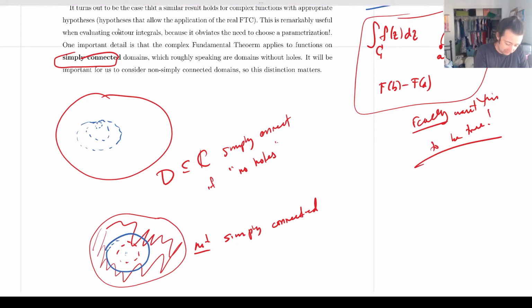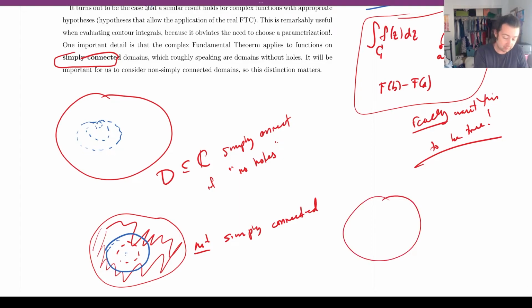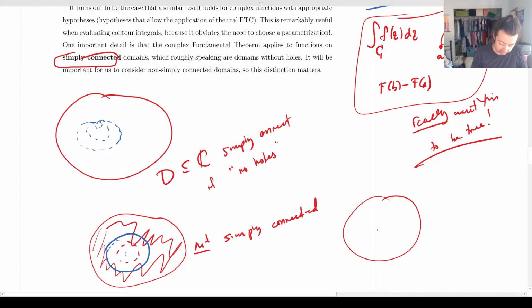And the most irritating non-simply connected domain is this one. So take a circle, which is simply connected, and eliminate a single point. So you have some point inside here that's not there. So remove a single point. This is not simply connected.